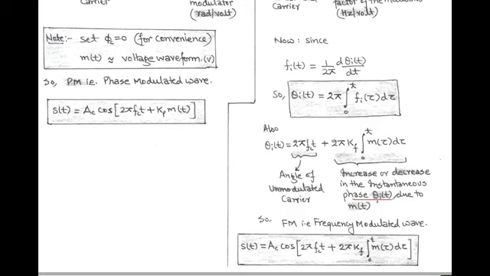So accordingly, the FM or frequency modulated wave is given as s(t) equals Ac cos within brackets 2 pi fc t plus 2 pi Kf integration m(tau) d tau. Here the limit is from 0 to t. Here Kf is called the frequency sensitivity of the modulator and is measured in Hertz per volt.